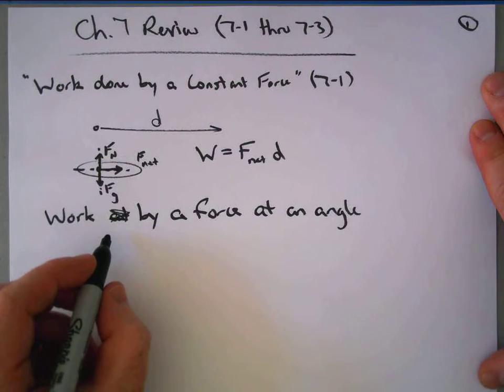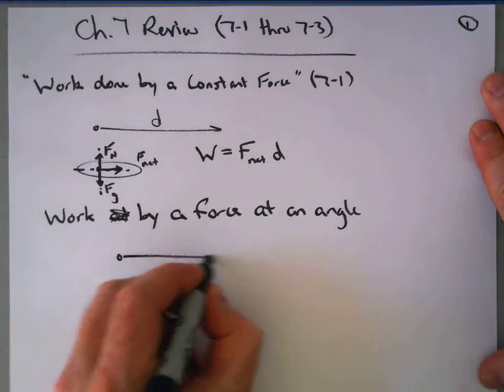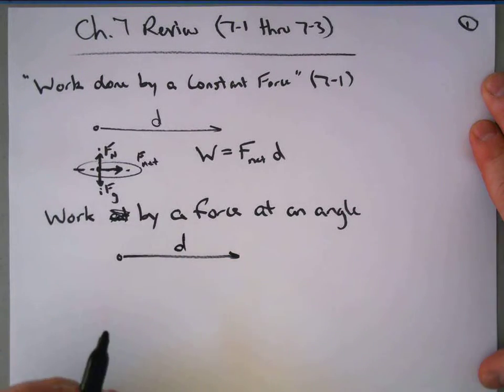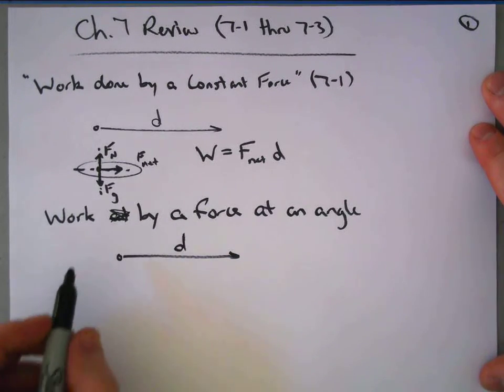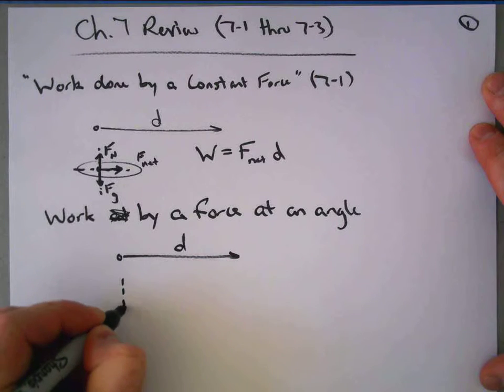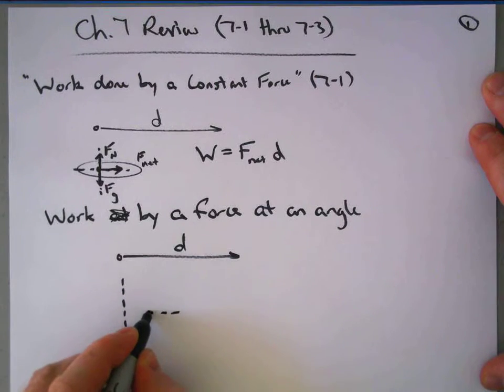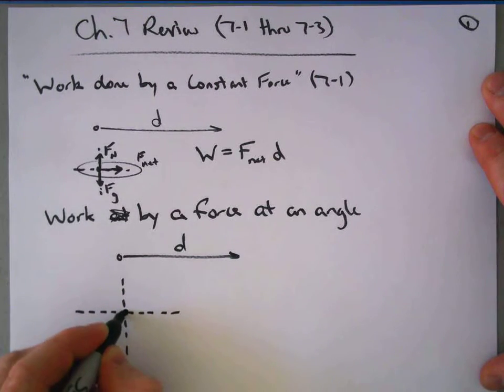Let's take a look at the same sort of scenario. Object traveling a certain distance, and in this case, if we look at a free body diagram of what's happening to the object, there's our object.